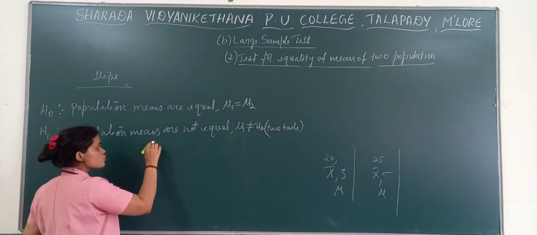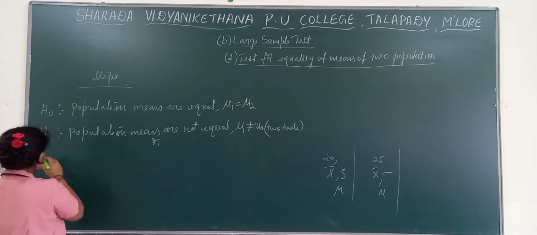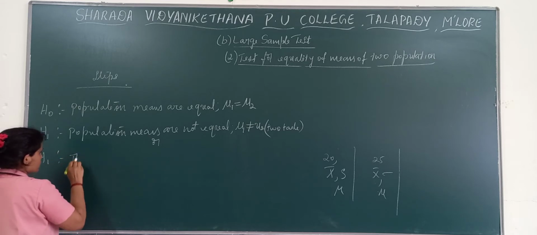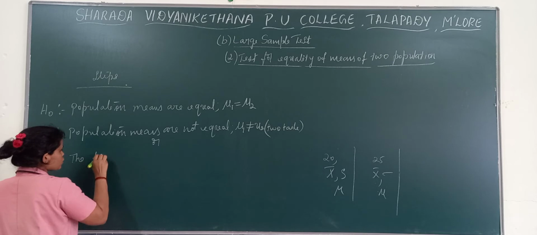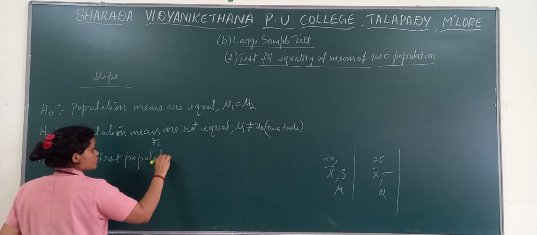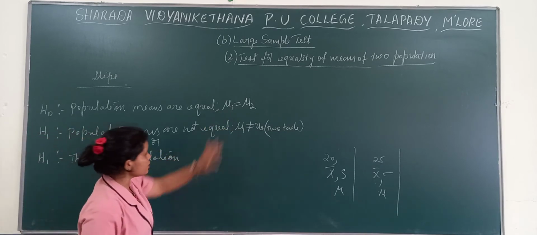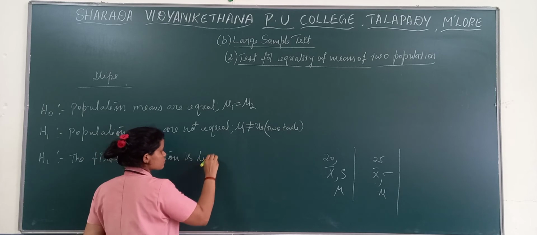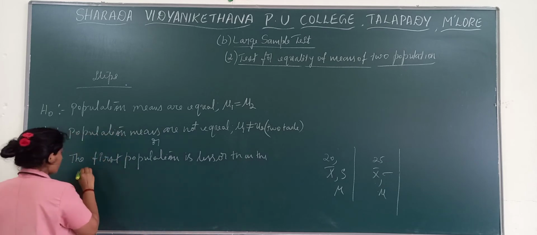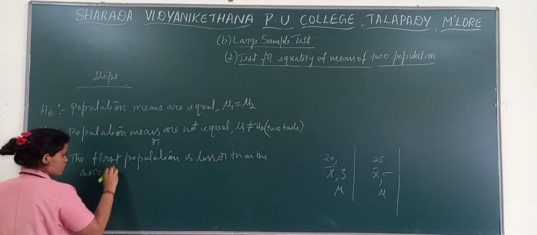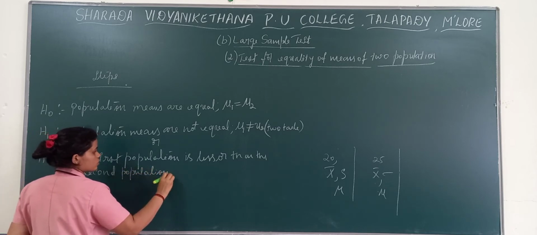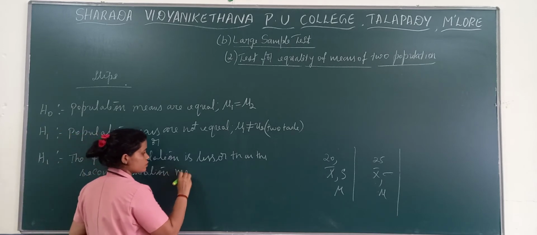Or else if it is one tail, then you have to set H1: the first population mean is lesser than the second population mean.